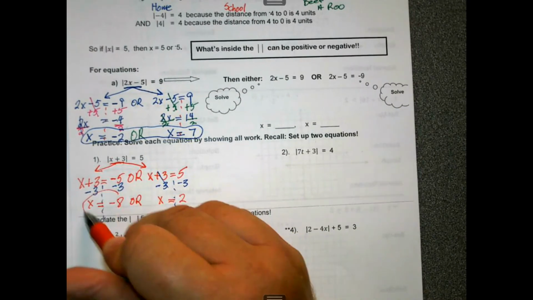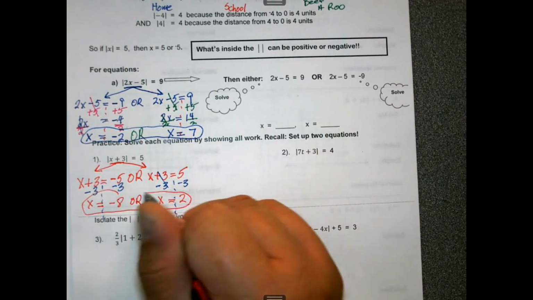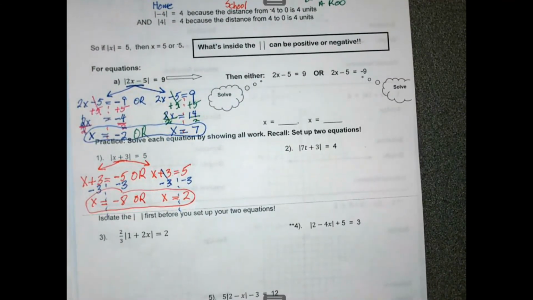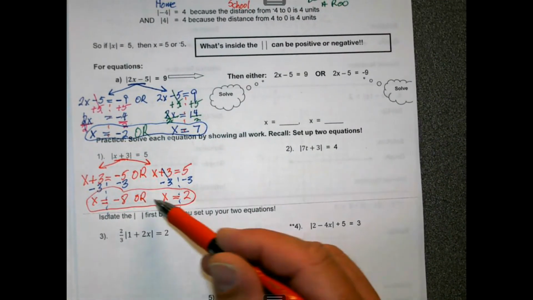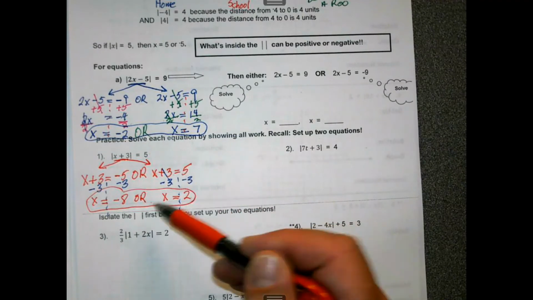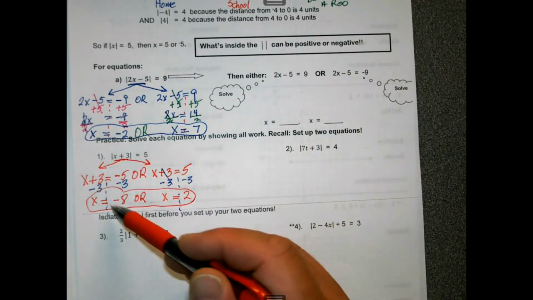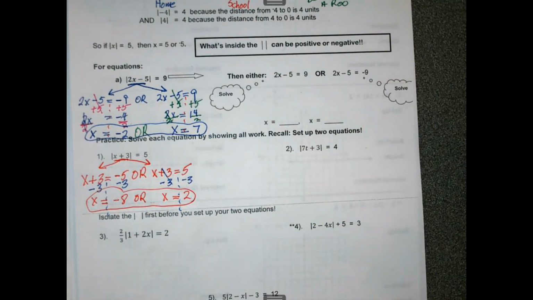So there's my location points. And the middle is going to be 5 units from 2 and 5 units from negative 8. Questions?